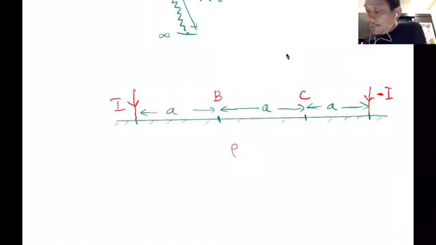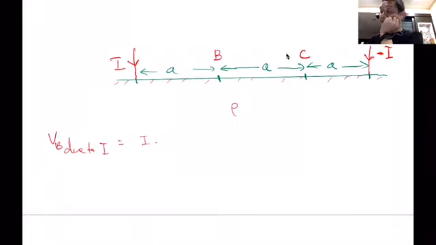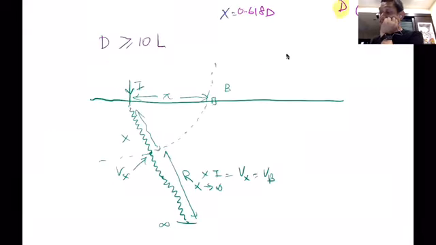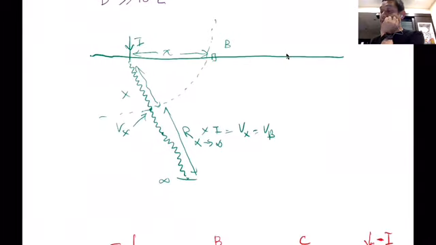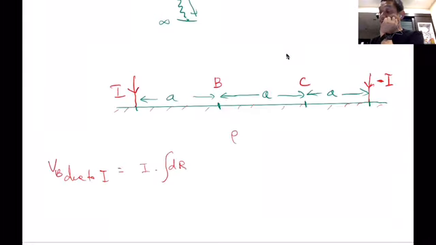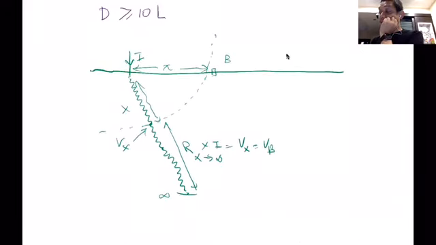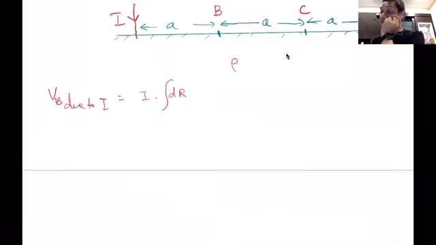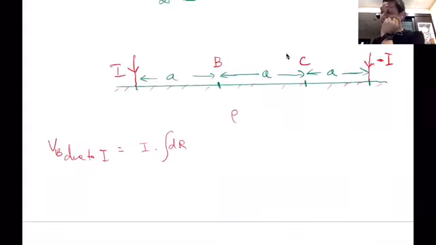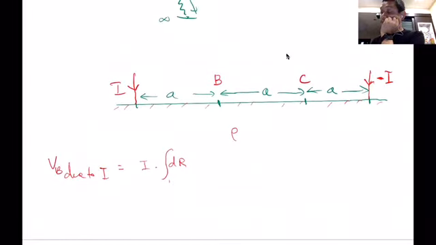So give me VB due to I. You need to integrate from X to infinity. It's not from 0 to infinity. So you need to integrate from X, and X now is A, to infinity.